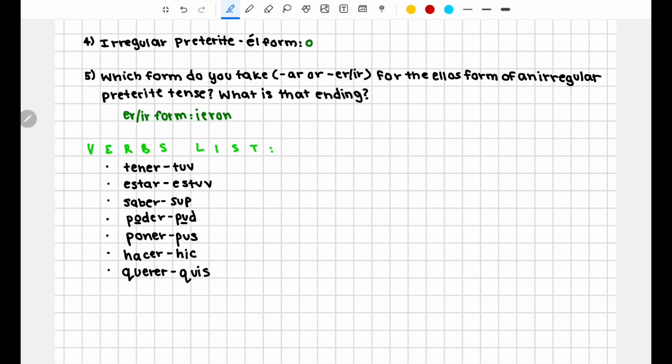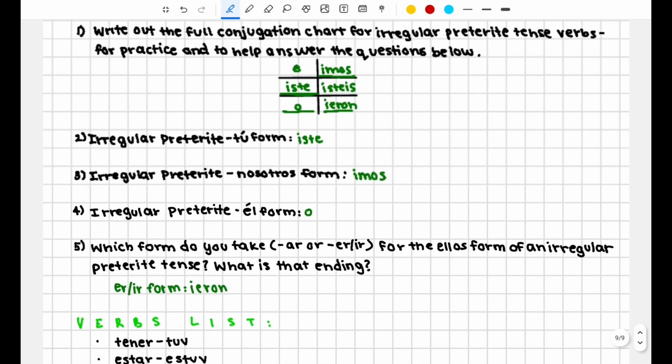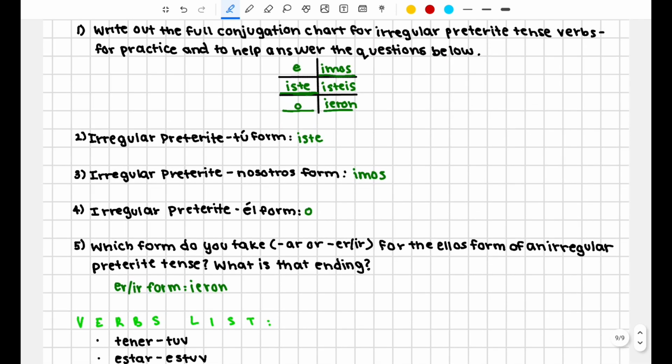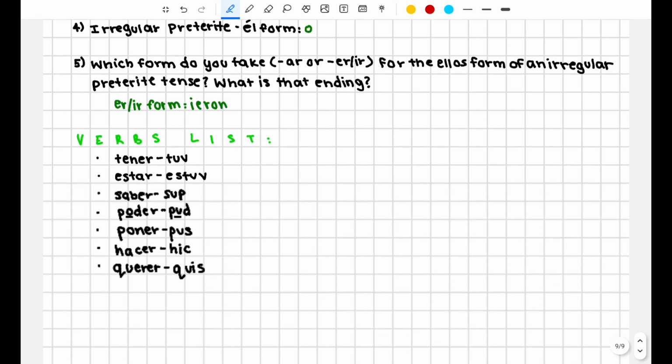And obviously there are more irregular preterite tense verbs, both that follow the formula and that don't follow the formula, but these are the main ones, very common ones that follow this formula. There are also many common ones that we're going to go over that don't follow these endings, but we'll talk about their stems in later videos, because right now it's time to practice these stems for the current verbs on the screen.